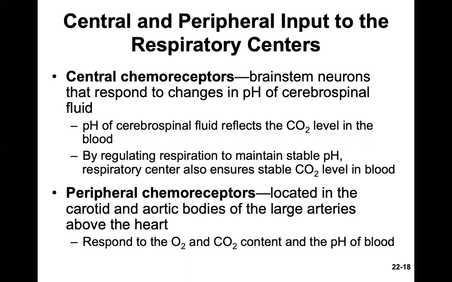So if your pH level rises, then your breathing can slow down to help retain some of that carbon dioxide to lower your pH level, for example. Your peripheral chemoreceptors are located in the carotid and aortic bodies of the large arteries above the heart. And again, they respond to your oxygen and carbon dioxide levels and the pH of your blood.